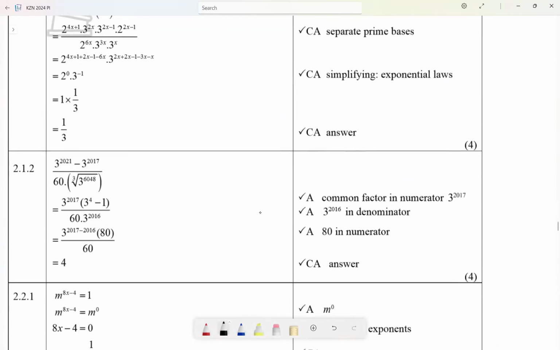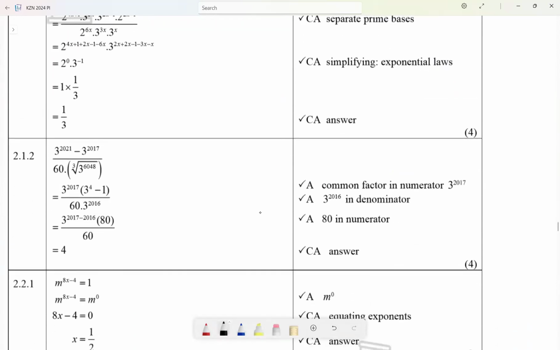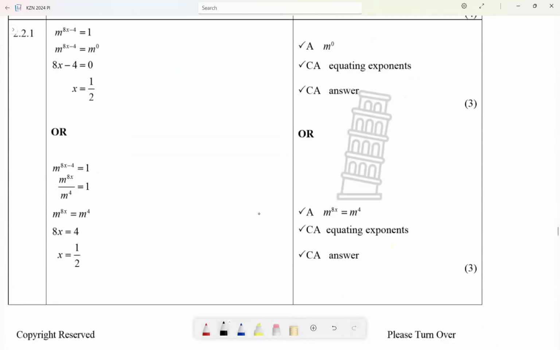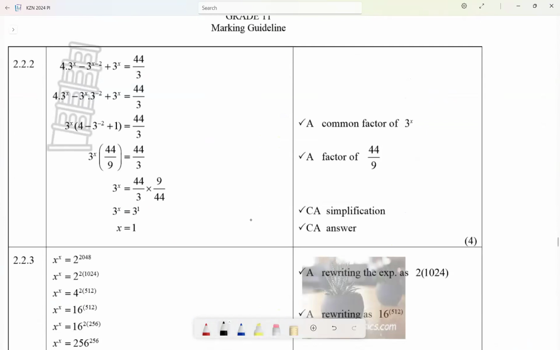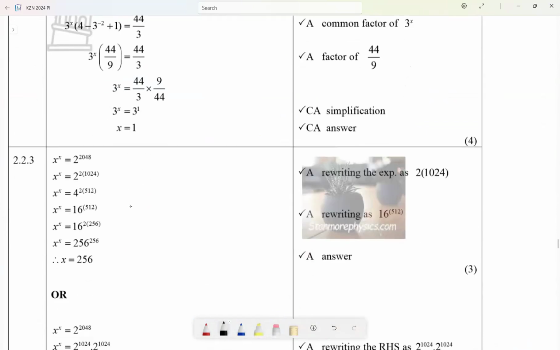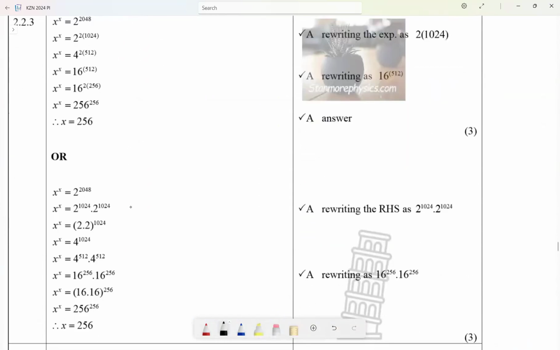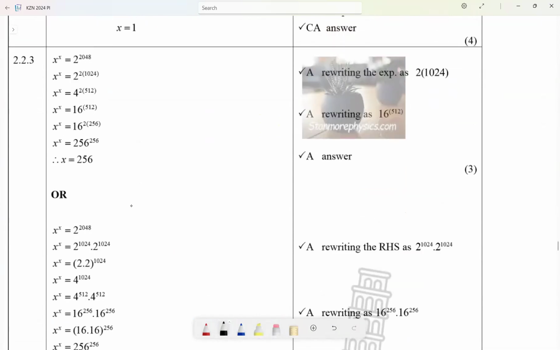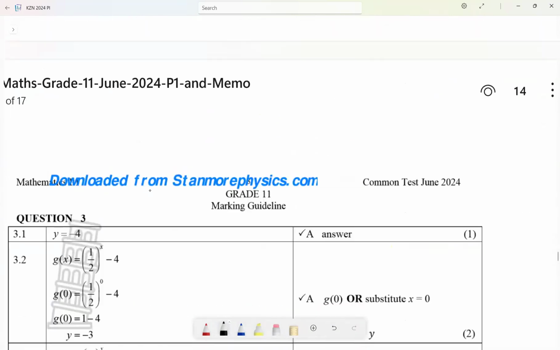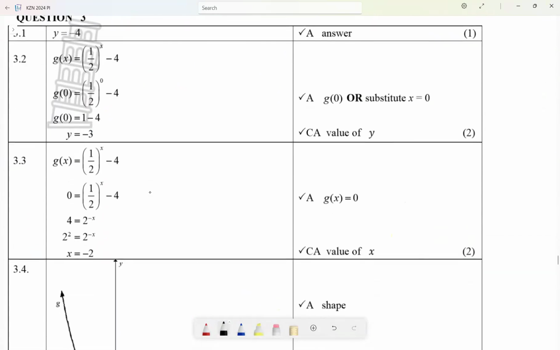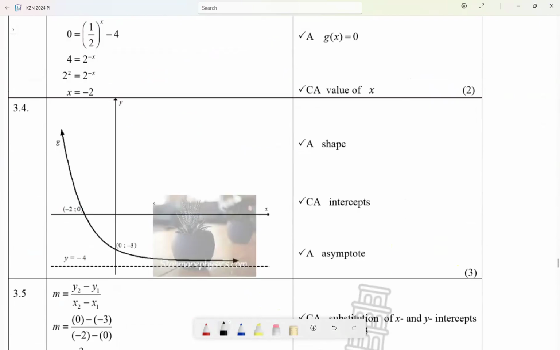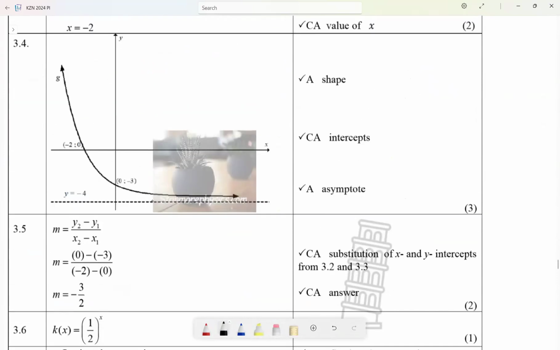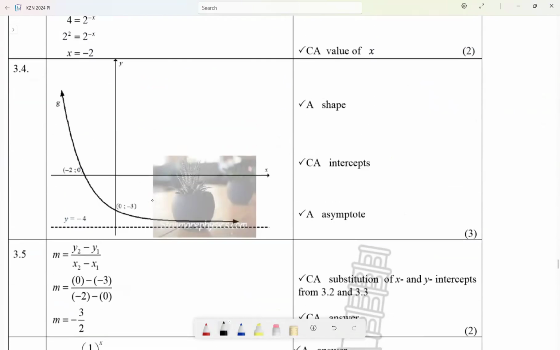Questions 2.1.2, 2.2.1, two methods, and 2.2.2, 2.2.3, two methods. Then 3.1 up to 3.3, you can pause. 3.4 up to 3.5, you can pause.